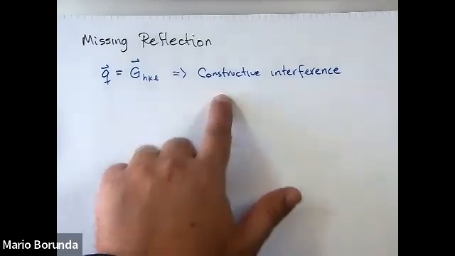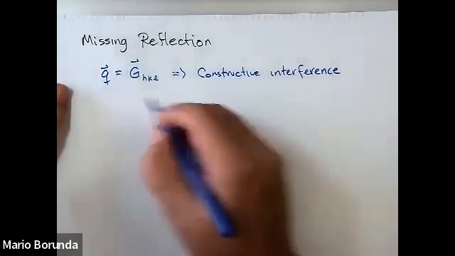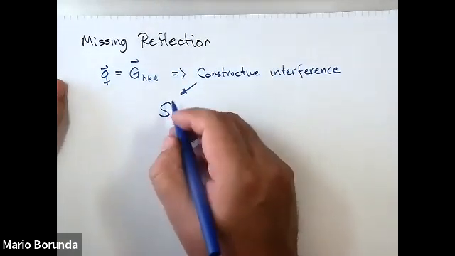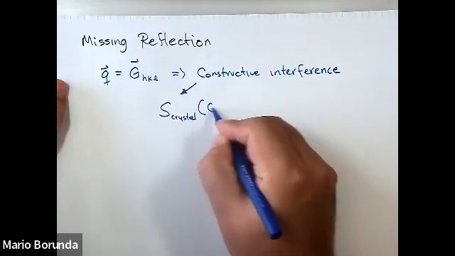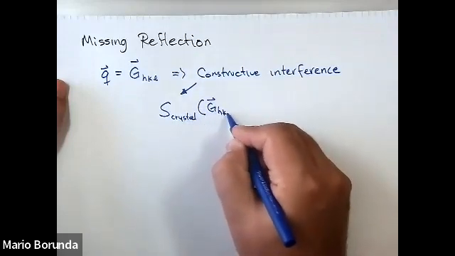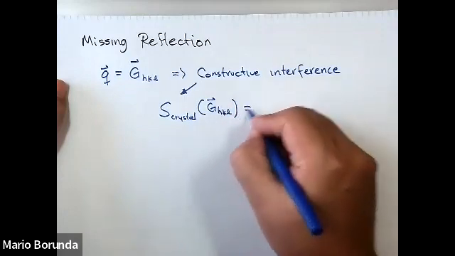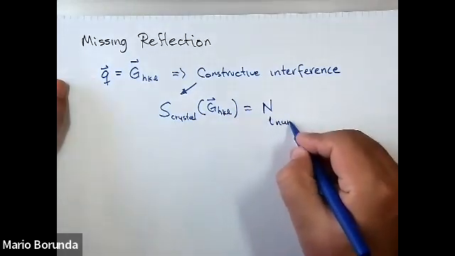So what that means is that we had constructive interference, and that means that we have a crystal structure factor at some angle that depends on some planes at some angle, and that the structure factor is equal to N, the number of cells that we have.